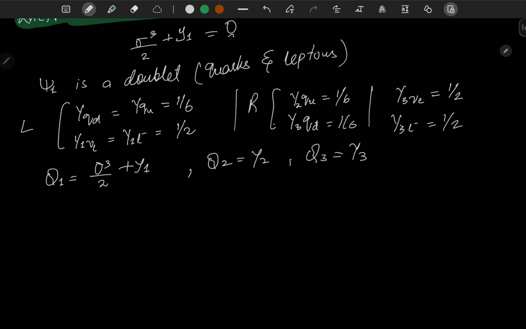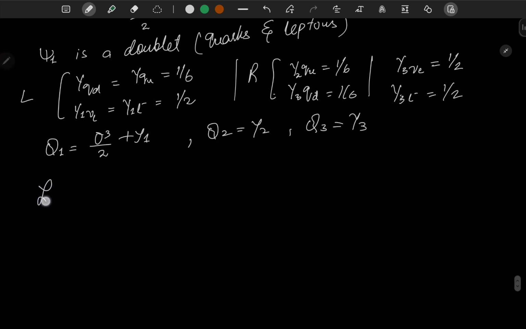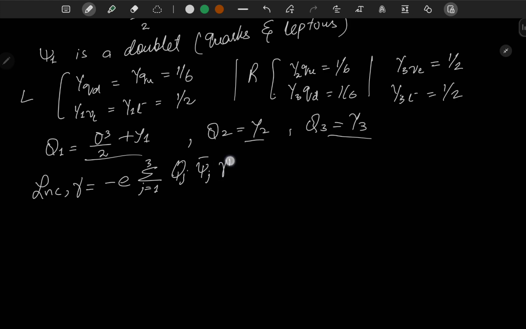This allows me to write the neutral current part of the Lagrangian in a more compact way by simply writing, now I'm going to change the index again, Qj, where j runs from 1 to 3, and these are the 3 values of Q. Next I'm going to write psi bar j gamma mu A mu psi j.